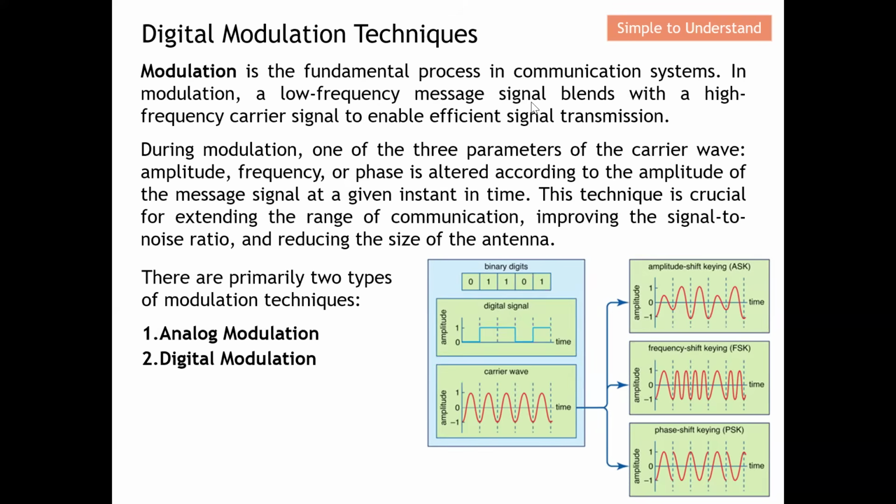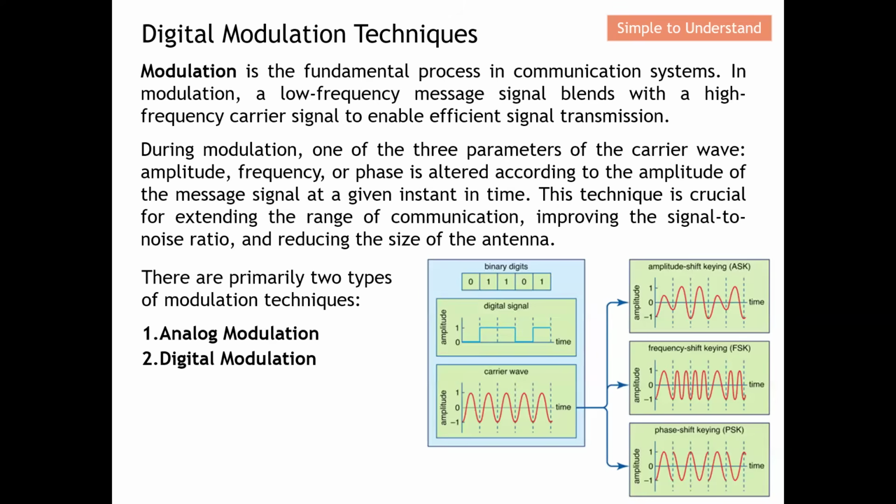This original signal is blended with a higher frequency carrier so as to enable efficient signal transmission, which is called modulation. So in short, modulation consists of low frequency, which is your original signal, mixed with high frequency, which is the carrier, to form the modulated signal, which we are going to take a close look at here.